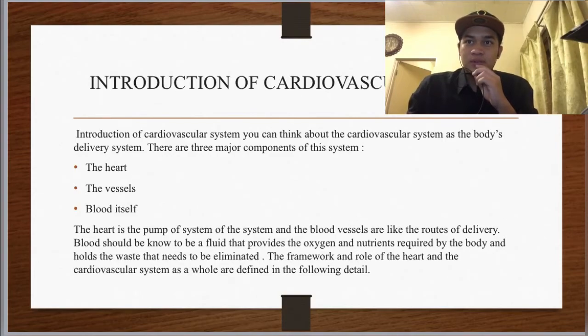The heart is the pump of the system, and the blood vessels are like the routes of delivery. Blood should be known as a fluid that provides the oxygen and nutrients required by the body and holds the waste that needs to be eliminated. The framework and role of the heart and the cardiovascular system as a whole are defined in the following detail.